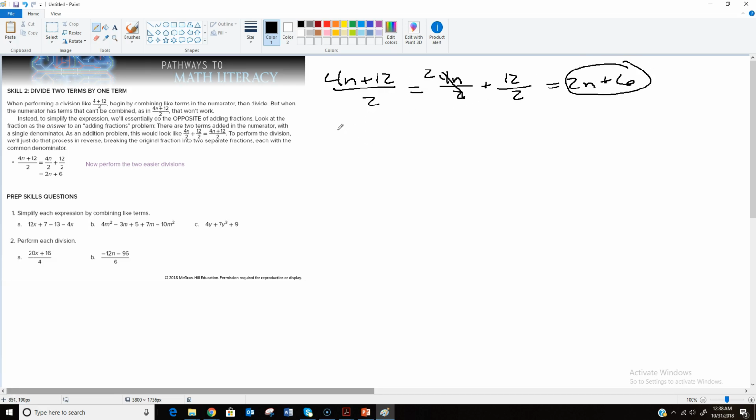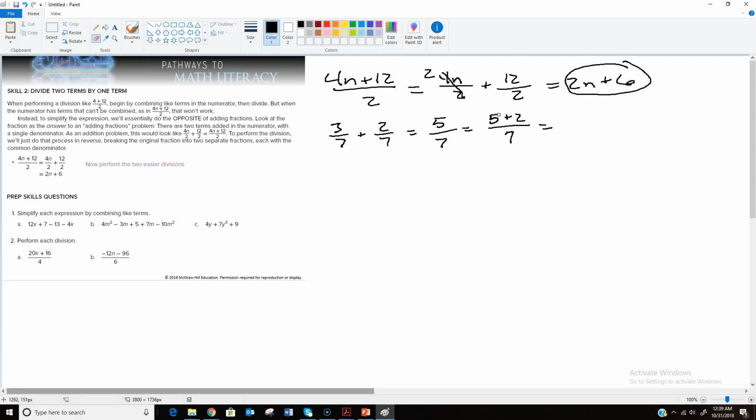Why can we do that? Well, if you think about the way we add fractions, if we had, say, 3/7 plus 2/7, we would put those together because they have a common denominator as 5/7. Well, if we can do it that way, we can also do it the other way. So we could split 5 back apart into 5 plus 2 over 7, which then could be, oh wow, that was bad math.